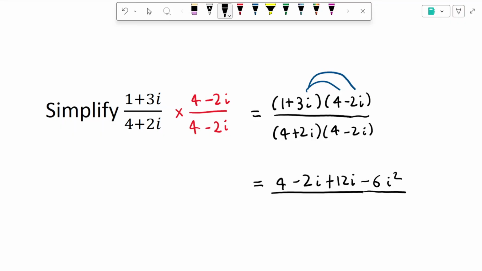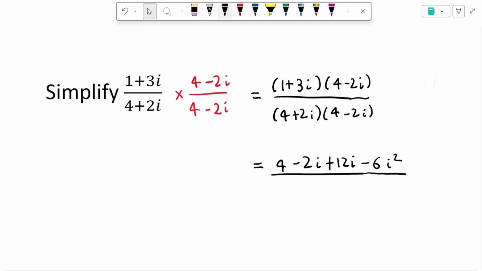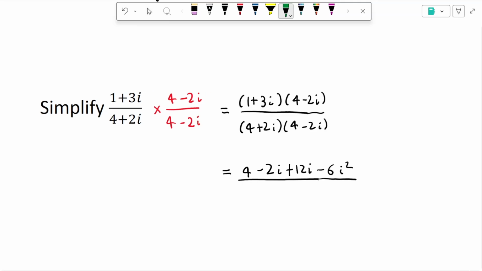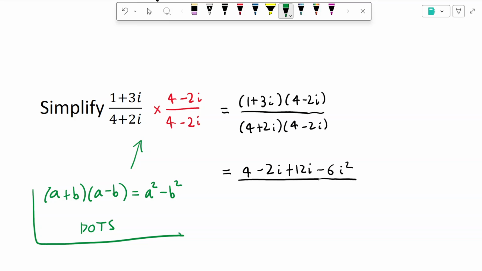All right, next we've got the bottom. Now we can FOIL this out, or you can use a handy difference of 2 squares formula. So just remember a plus b with a minus b. There's a shortcut for FOILing that one out. You just get a squared take b squared. This is the difference of 2 squares formula, and this is the reason we times by the conjugate.